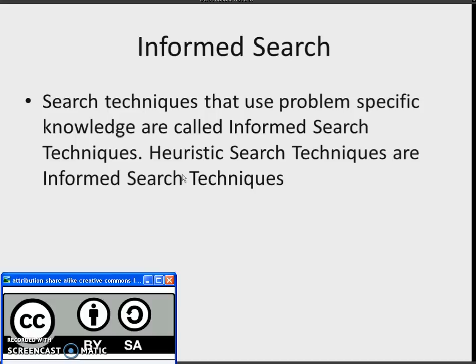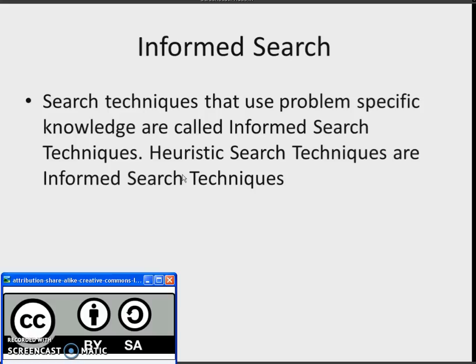If you recollect uninformed search strategy, you did not have any other information from your problem other than your states, and you had to open up every node in the search tree blindly, which is why it is also called blind search, and you have to conduct a search for the solution, which could lead to higher time complexity and space complexity.